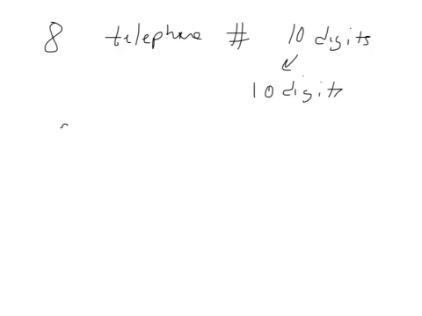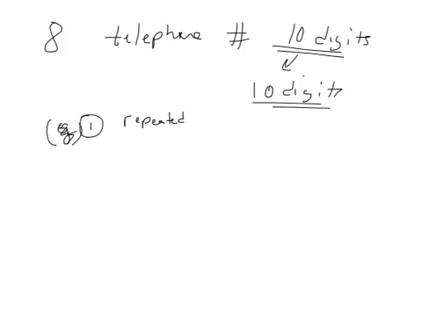In part G, I don't know, well, in the first part, when there's unique phone numbers, maybe this could have been clearer. So if numbers can be repeated, there are 10 spots and 10 possible options for each spot. So if numbers can be repeated, we're just talking about 10 to the 10th.